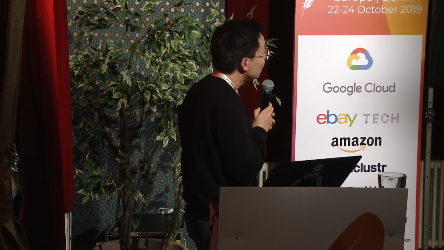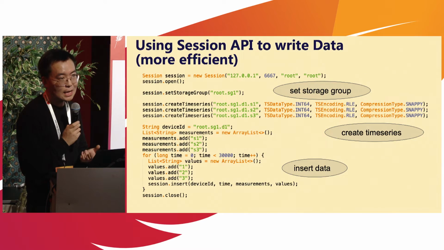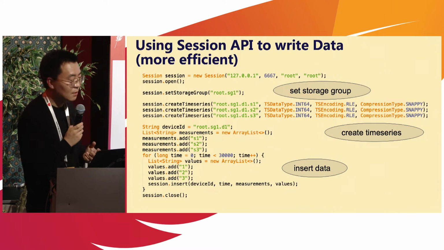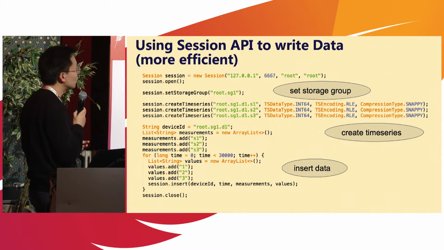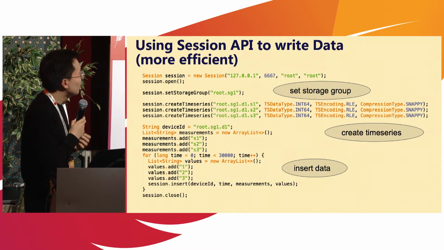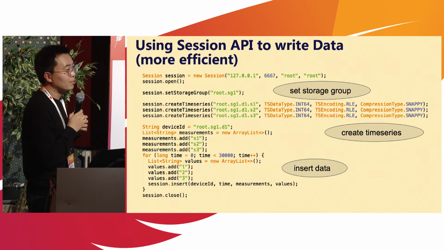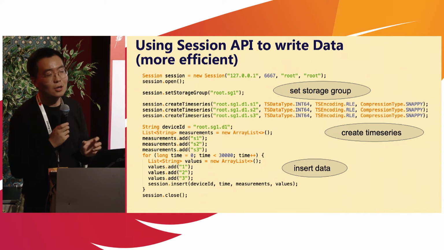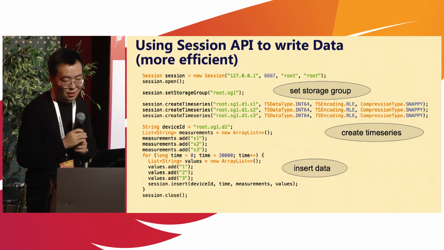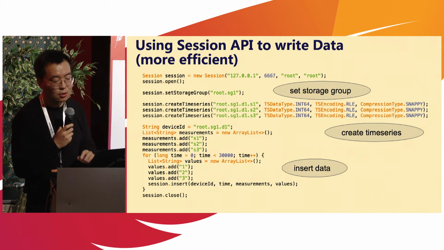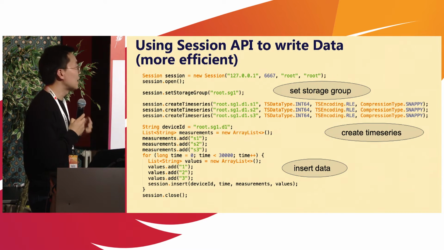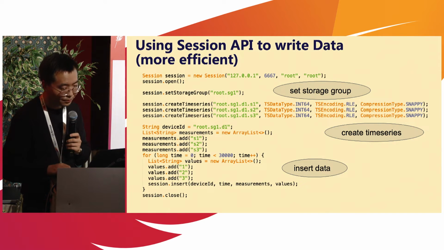And if you care about performance, we can use the raw-level API to skip parsing SQL. Currently we use ANTLR 3 to parse the SQL, but we found that the time cost of parsing SQL is very heavy. So we provide a raw-level API to skip parsing SQL, and it is far more efficient. In our latest version, you can use that API.